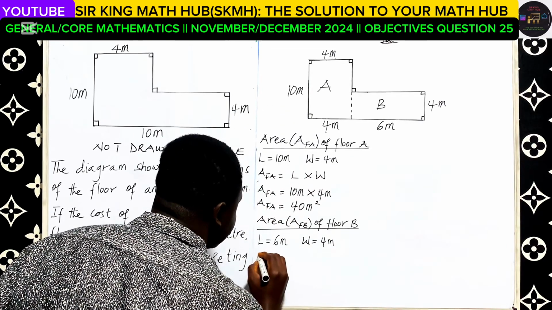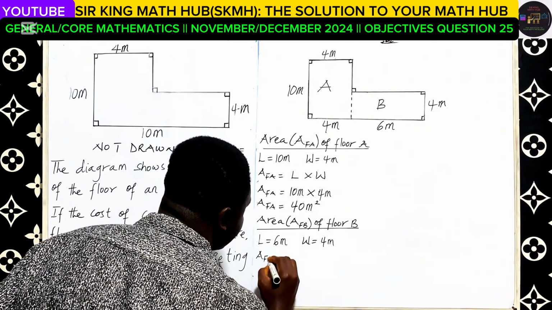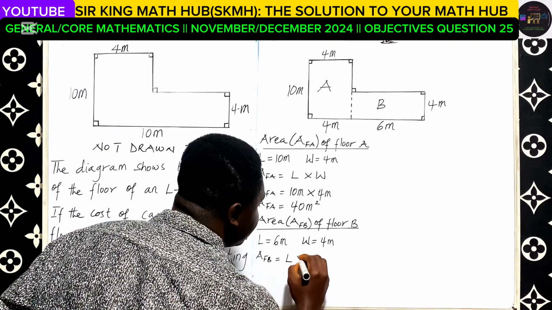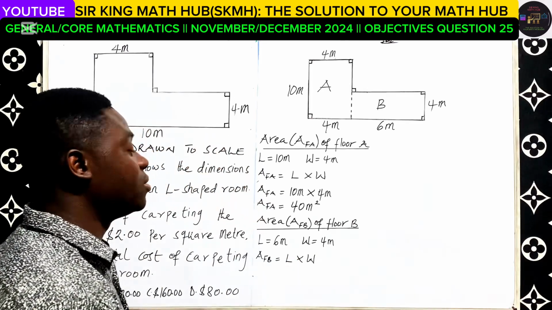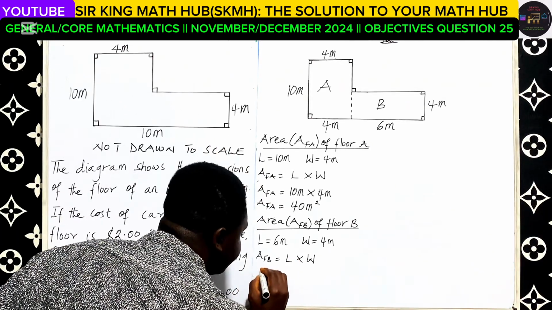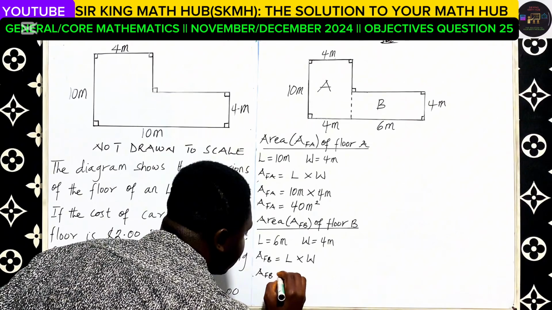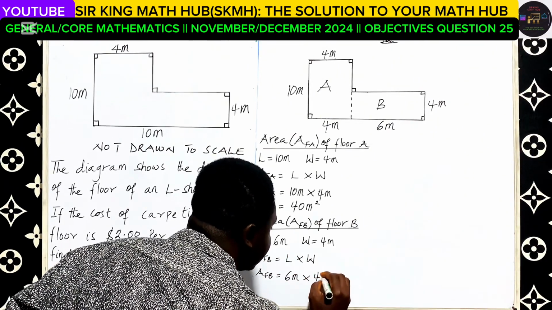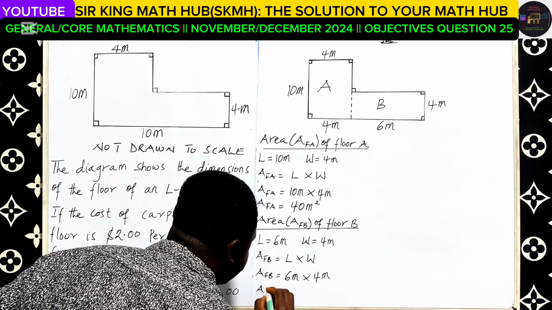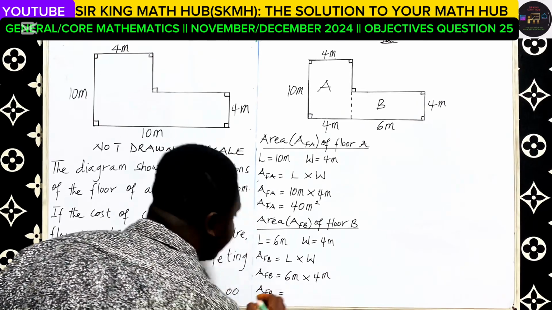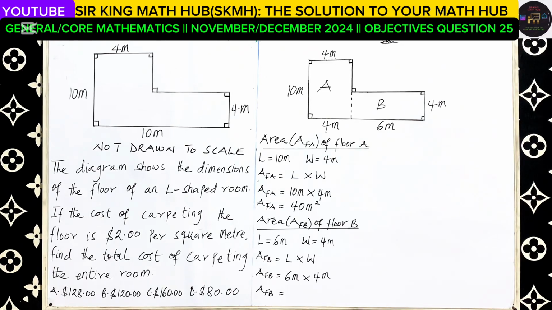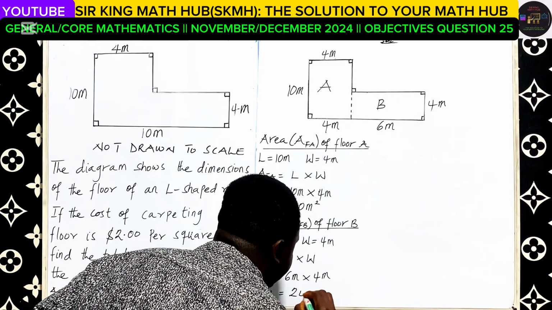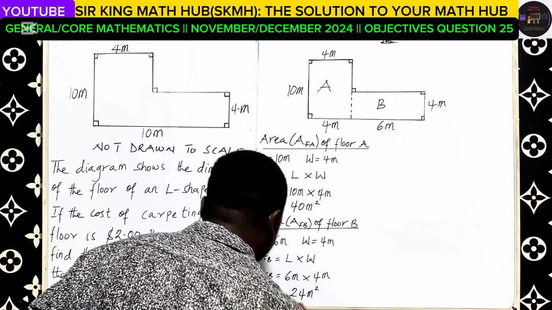The area of floor B will be the length multiplied by the width. Substituting, 6 meters multiplied by 4 meters, we have 24 meters squared.